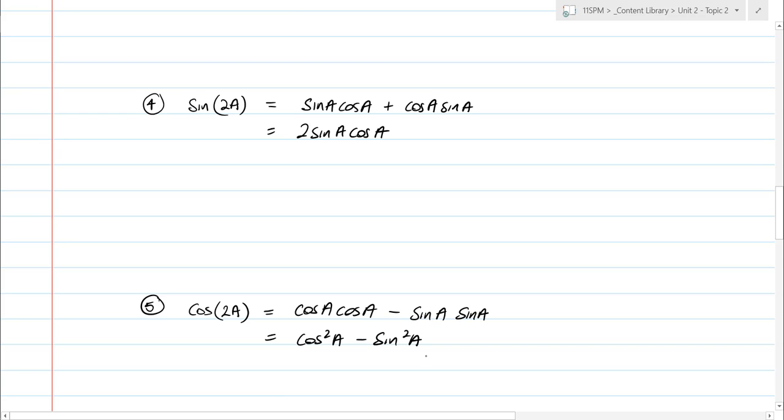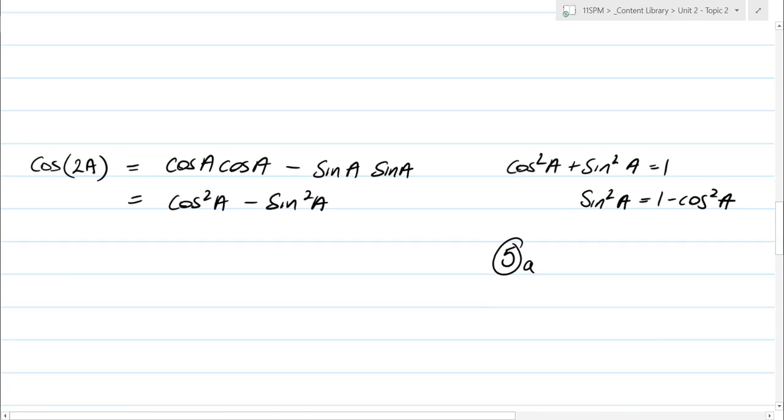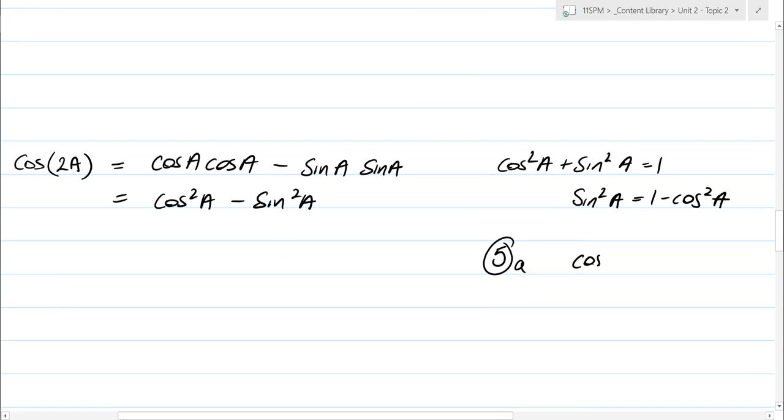And just as an aside to this one, you'll know that cos squared A plus sine squared A is equal to 1, which means that sine squared A is equal to 1 minus cos squared A, which leads to rule 5, 5A, an extra little rule here which will come up, and that is that cos 2A, which is equal to this bit over here.